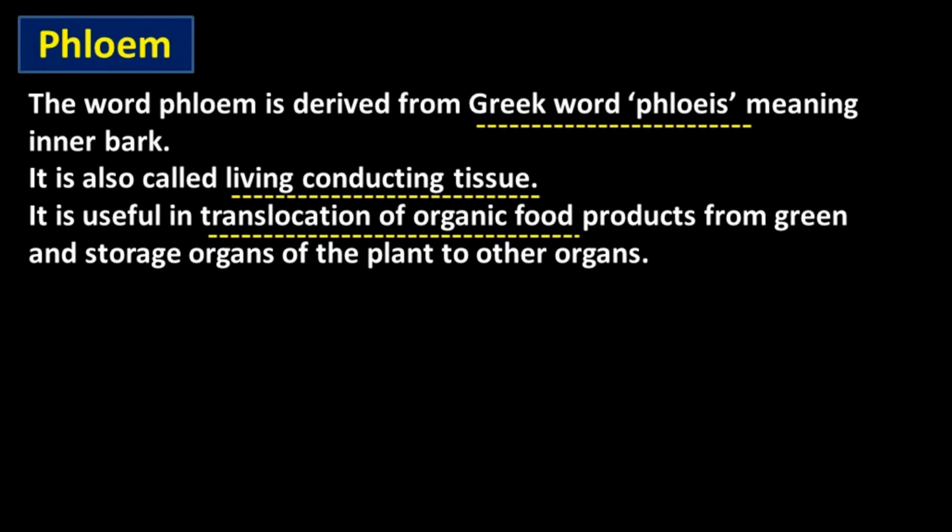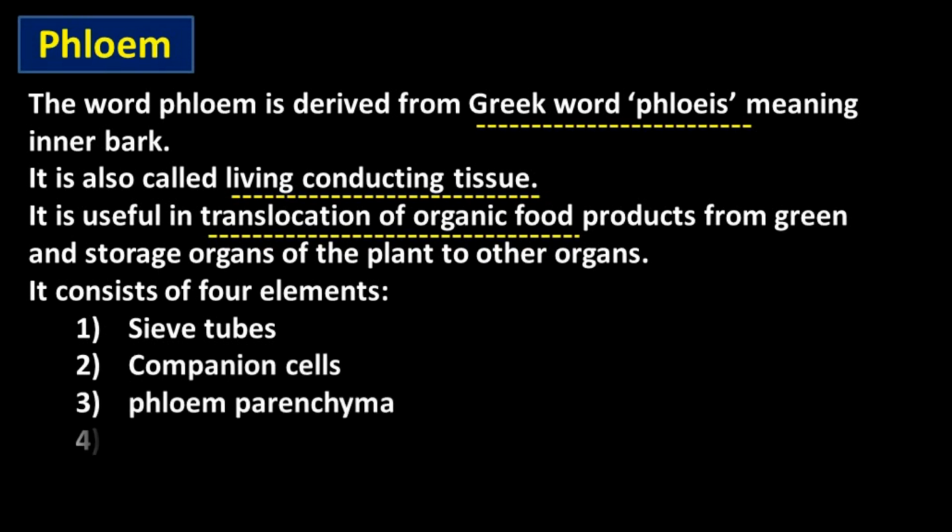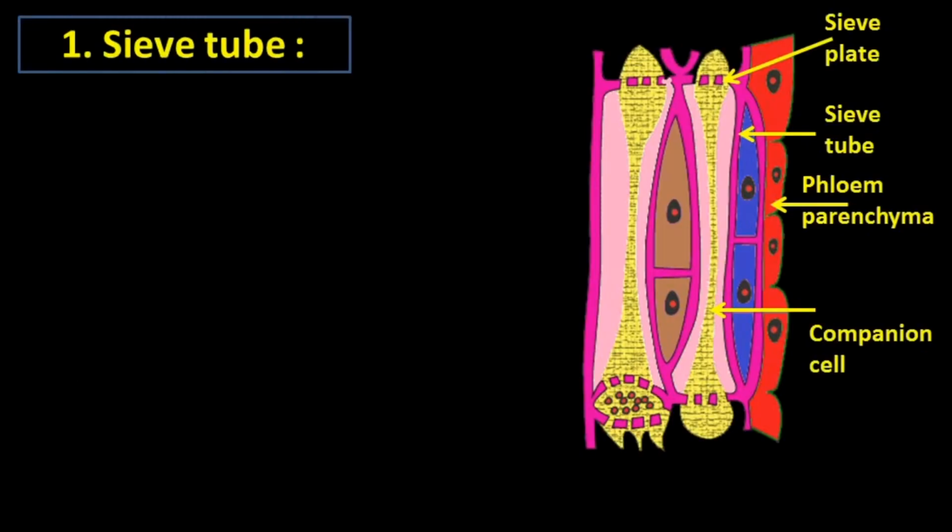So phloem tissues translocate the organic food material to the different part of the plant body. It consists of 4 types of cells. These are sieve tubes, companion cells, phloem parenchyma, and phloem fibers. These are the 4 cells present in the phloem tissue.